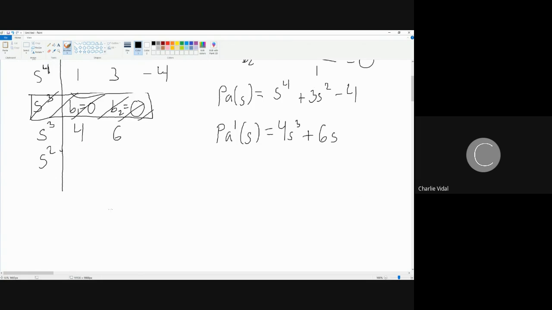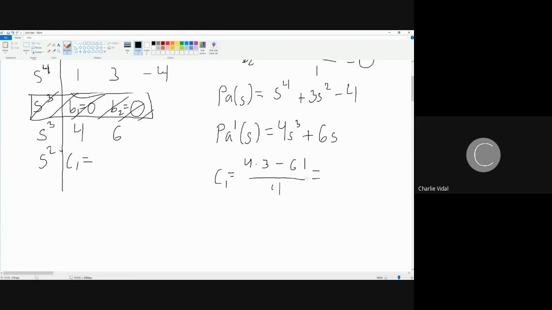So C1 is equal to 4 times 3 minus 6 times 1 over 4. That is going to give us a value of 1.5.